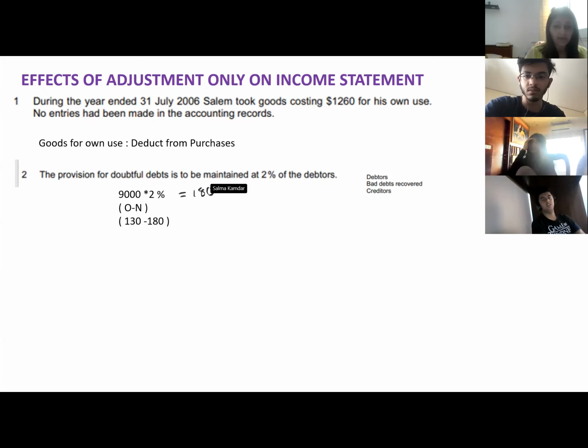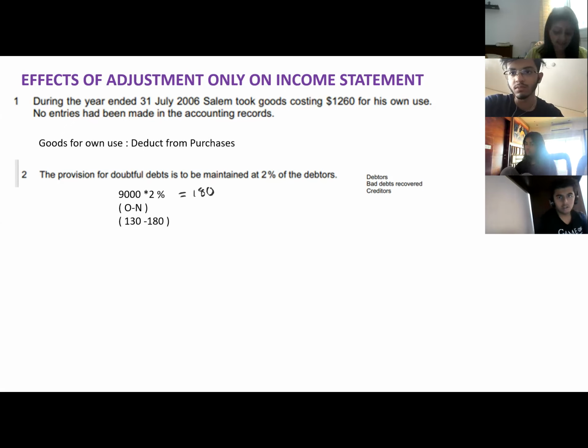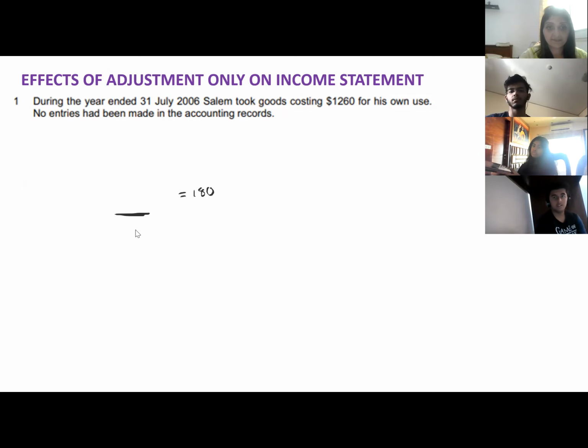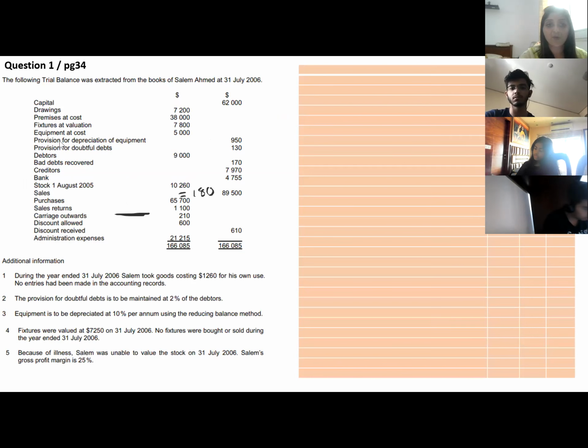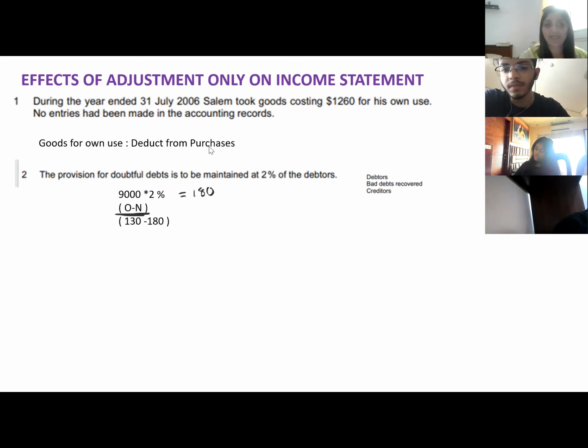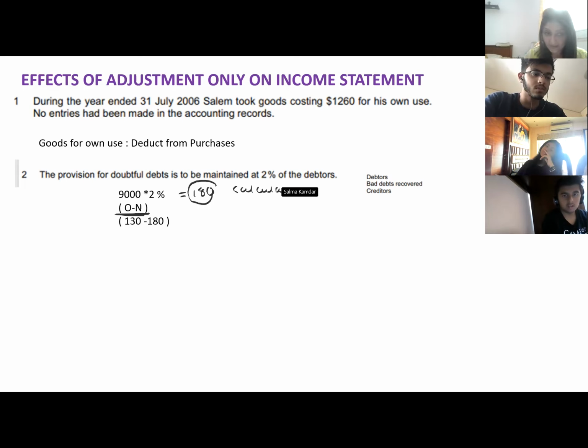Provision for doubtful debts is always in this equation: old minus new. Can you look in your trial balance? What is the old provision? Your old provision is 130, and the new provision is the one that you have calculated, 180.